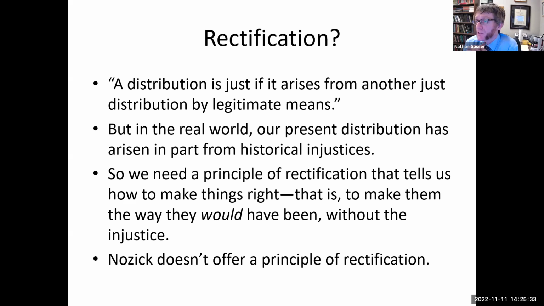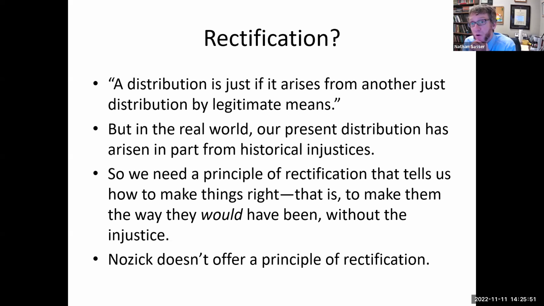He says, a distribution is just if it arises from another just distribution by legitimate means. But again, in the real world, our present distribution has arisen in part from historical injustices.